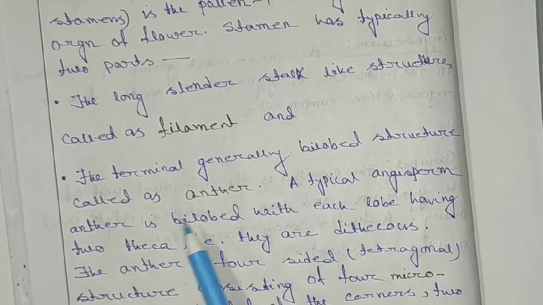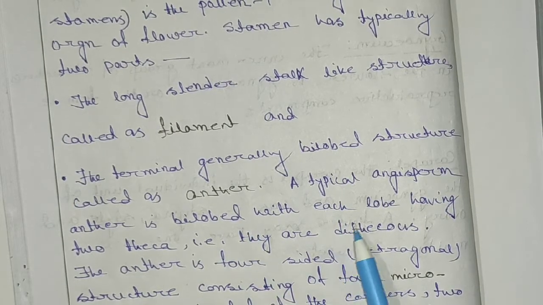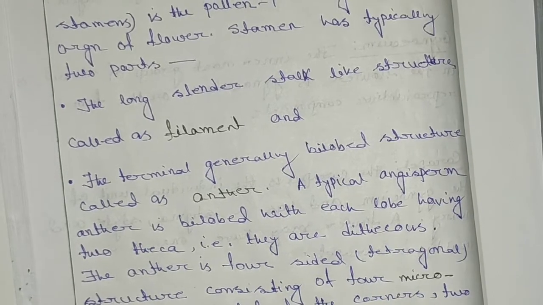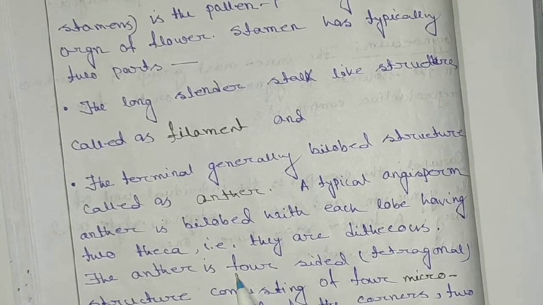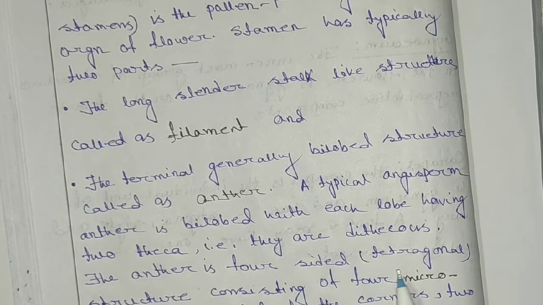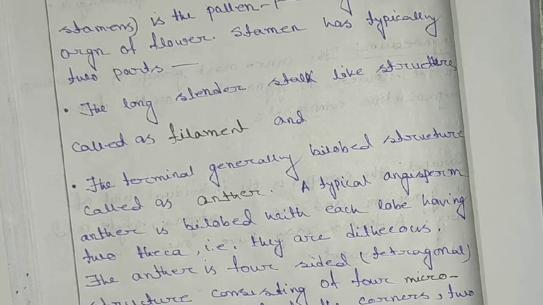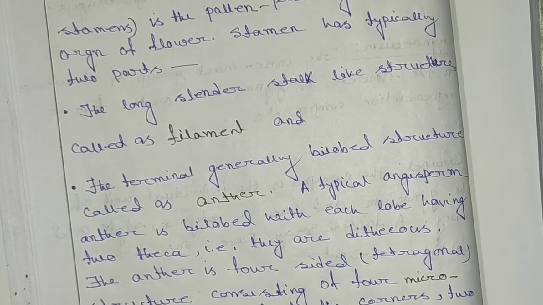A typical angiosperm anther is bilobed, with each lobe having two thecae, that is, it is dithecous. The anther is four-sided, that is, a tetragonal structure consisting of four microsporangia located at the corners, two in each lobe.